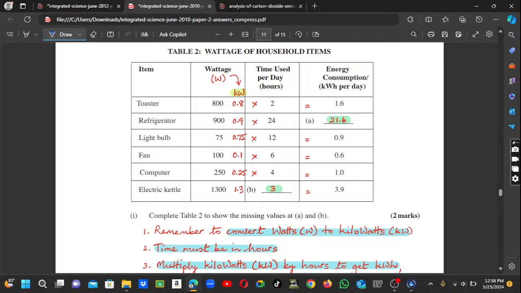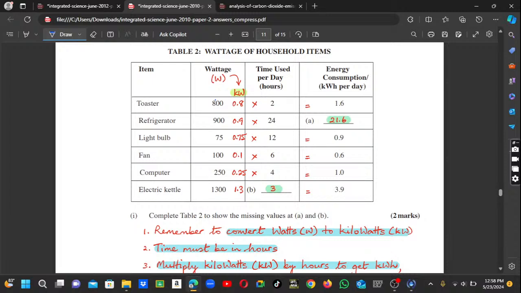If we're seeing 800, we cannot multiply 800 times 2. We can, though, but this is how we do it to get the correct calculations. We say 0.8, so 0.8 times 2 gives us 1.6. Right? Yes.